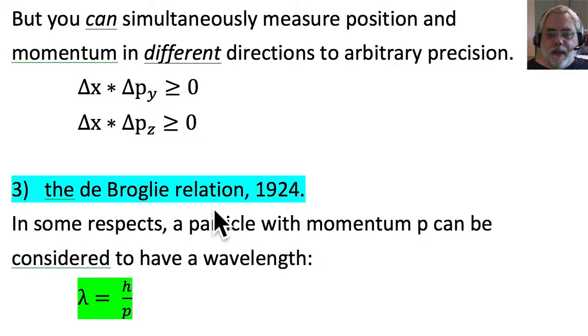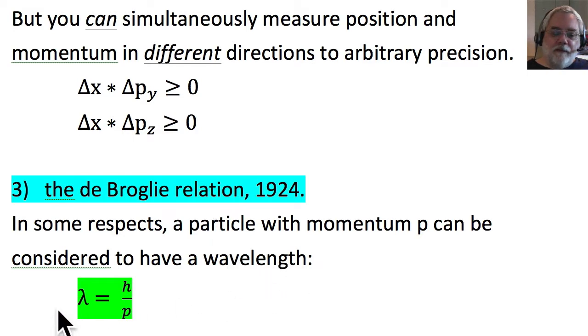In some respects, a particle with momentum magnitude p, we'll talk about one direction so we don't have to worry about the direction of p, can be considered to have a wavelength. Even though we called it a particle, it kind of has a wavelength.